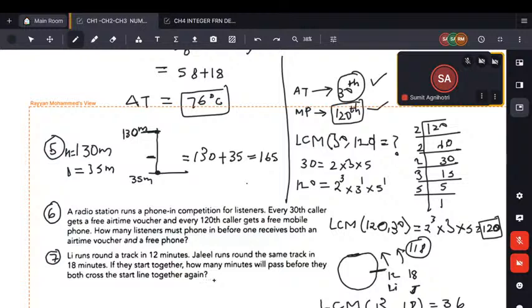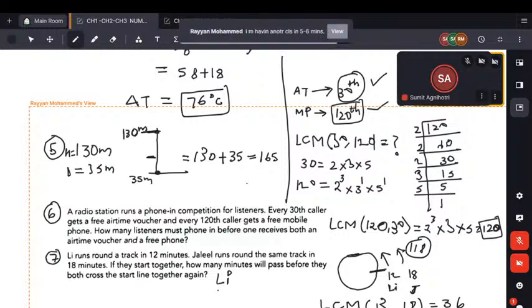And at that time, how many rounds has Lee completed? Lee takes 12 minutes to complete one round.